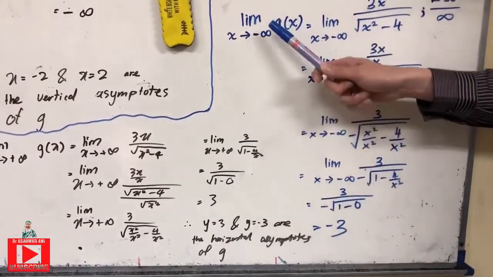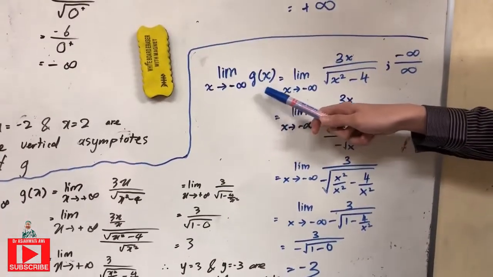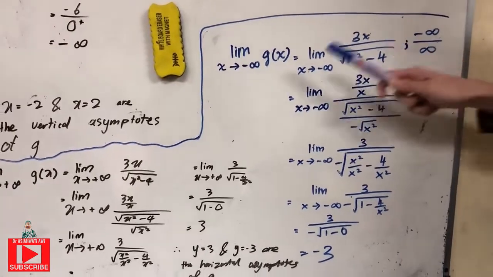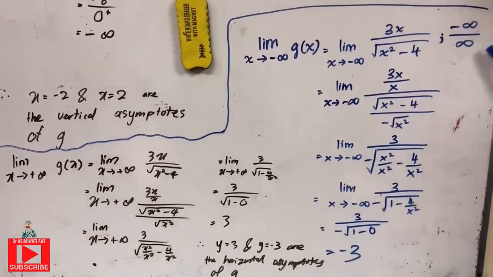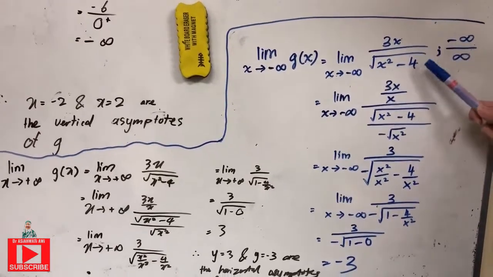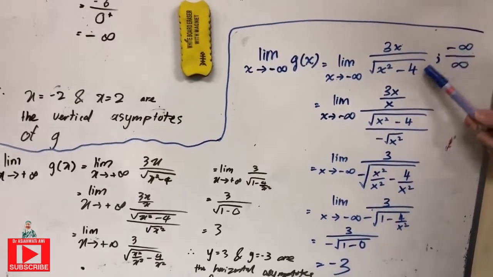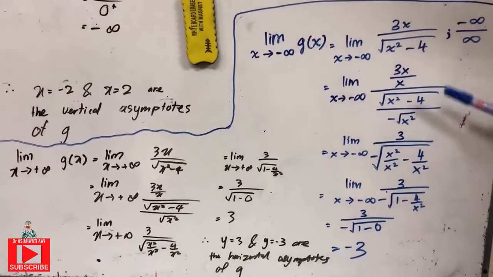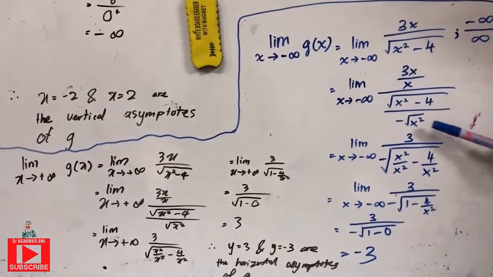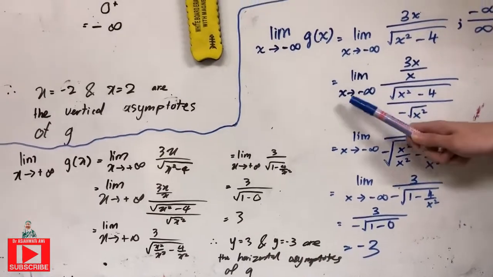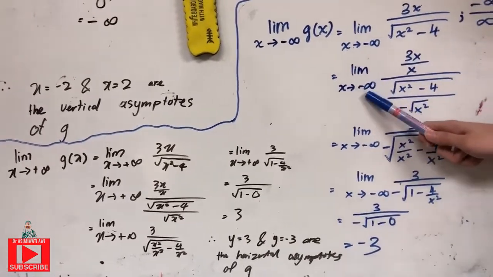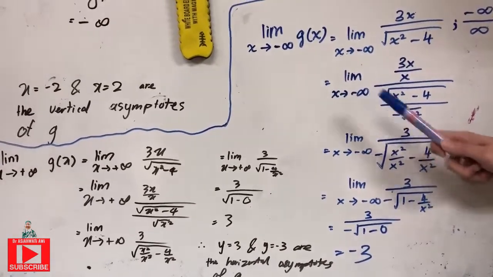Same for the limit as x approaches negative infinity. If we directly substitute negative infinity, we will get an indeterminate form. So we need to divide by the highest degree of the denominator, which is x. This time we divide by negative square root of x squared, because x is a negative value as it approaches negative infinity.